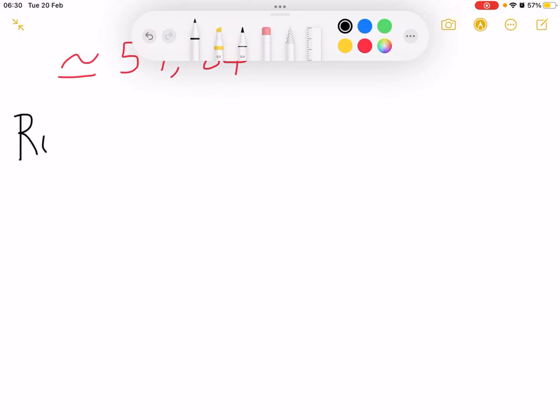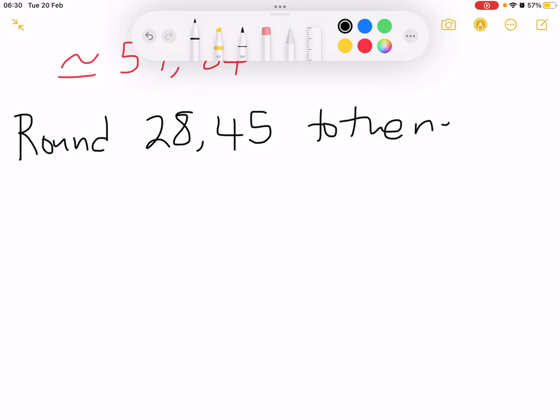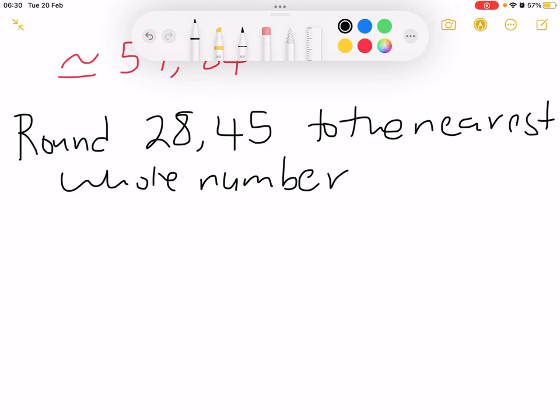You say round 28,45 to the nearest whole number. One point you need to note here is that whole numbers start at what?